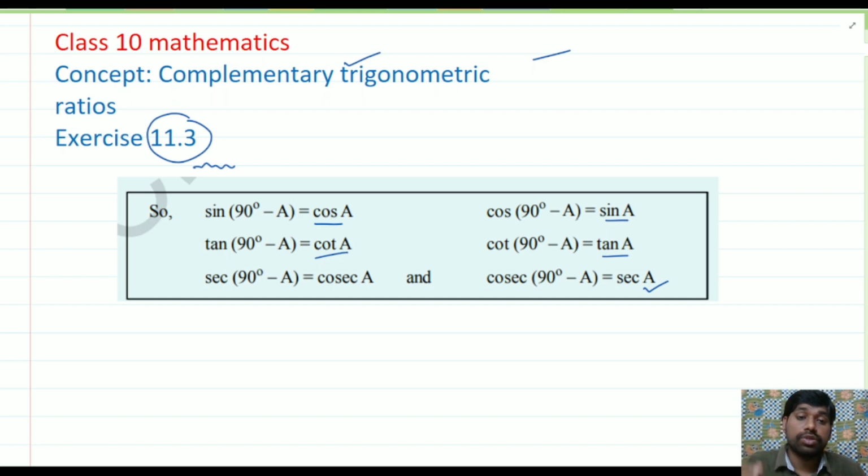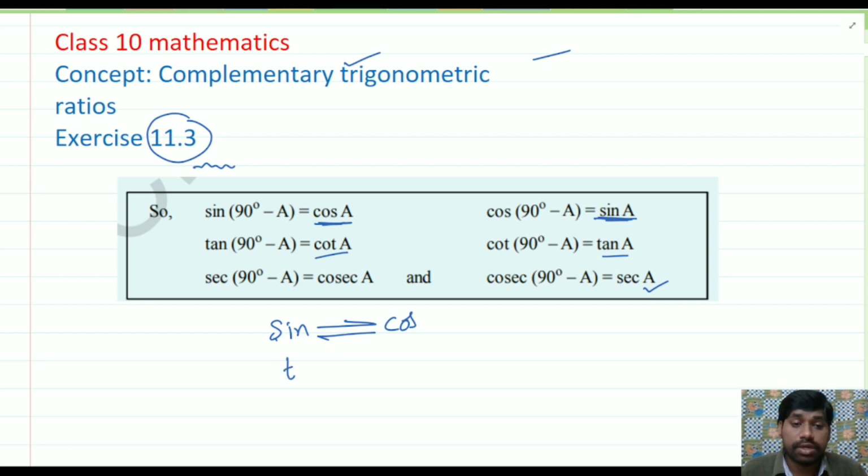Now the first and basic information you have to know is that sine of 90 minus a is converted into cos a. Cos of 90 minus a is converted into sine a. Means the sine function changes into a cos function for complementary angles, and cos changes into sine.